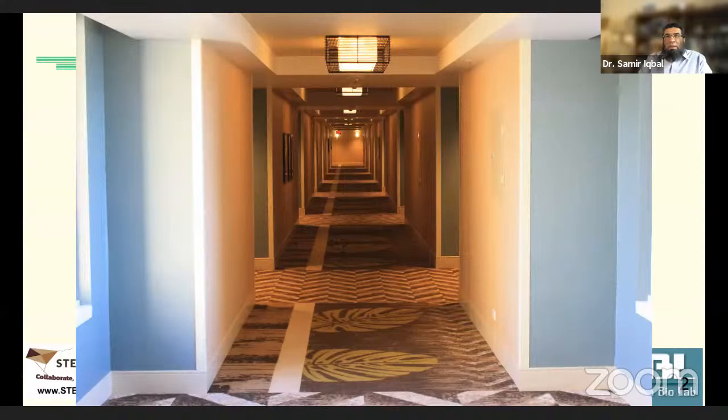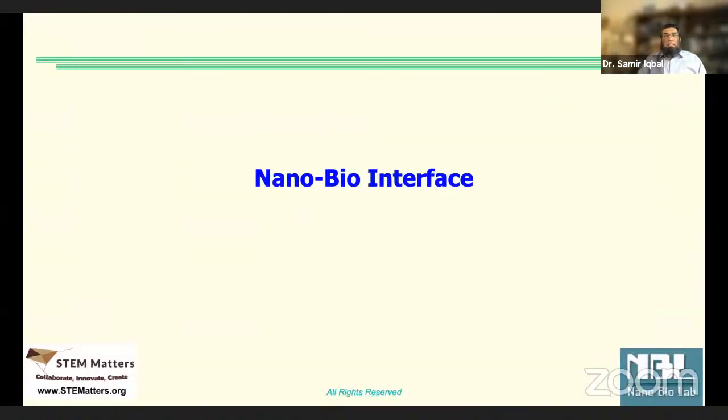Today we have an interesting topic on nanobio interface, issues of nanobio interface. When we bring a hard, cold surface, think of it like a metal or semiconductor. So in every case, it's a hard, cold surface.